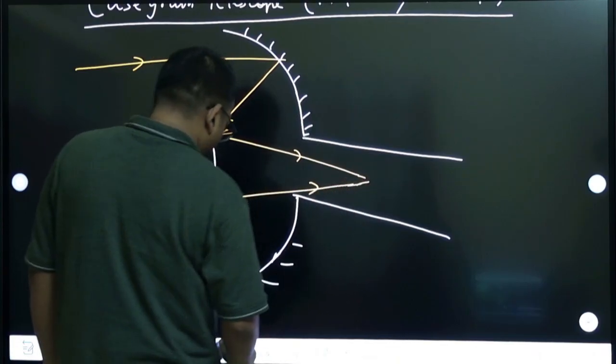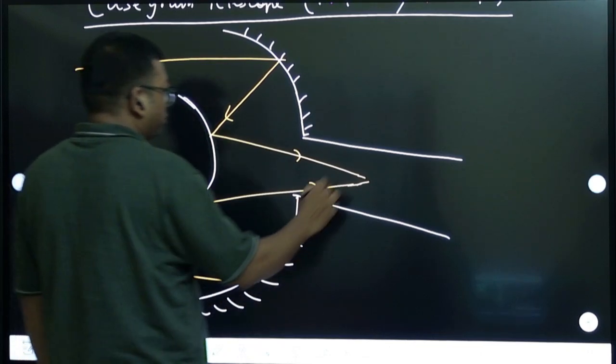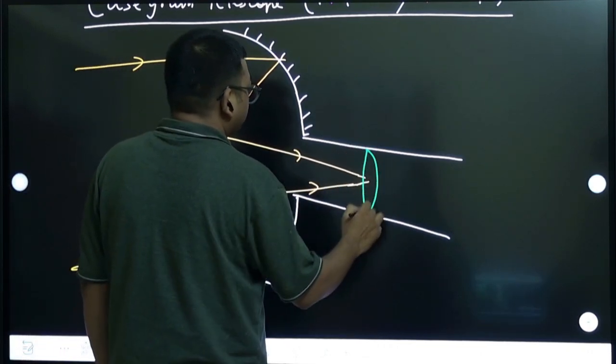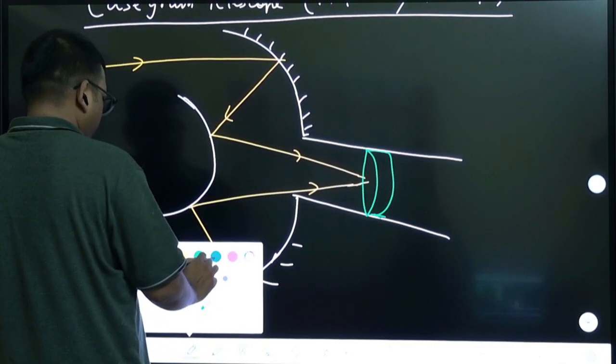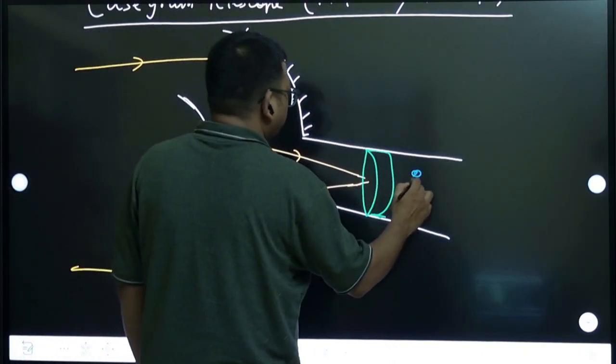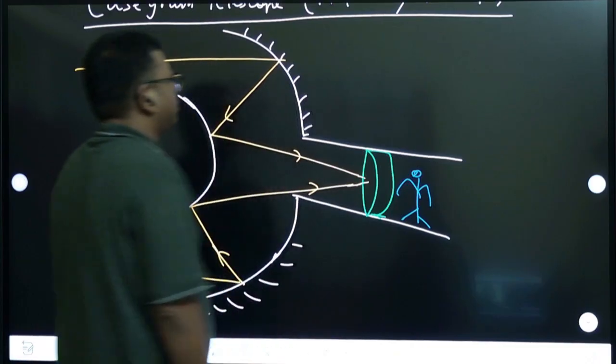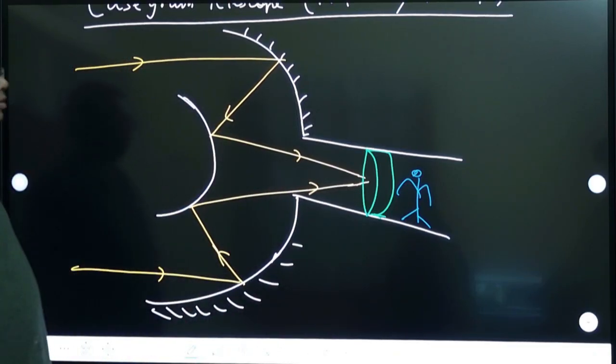The image will be formed, and here there are some lenses which can be used by an observer sitting in this space. We will get the image of that.